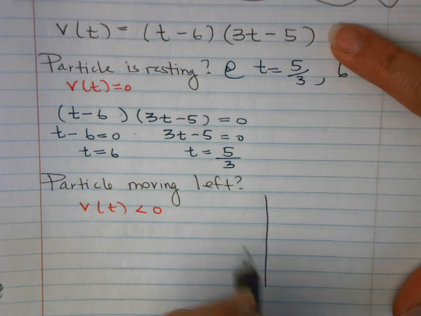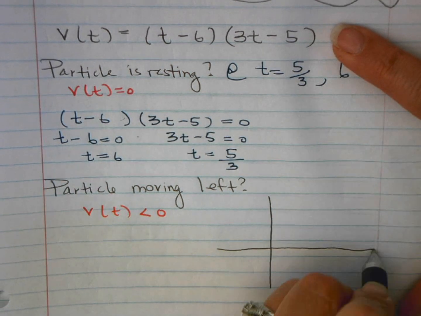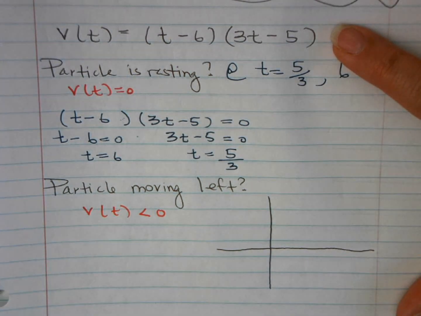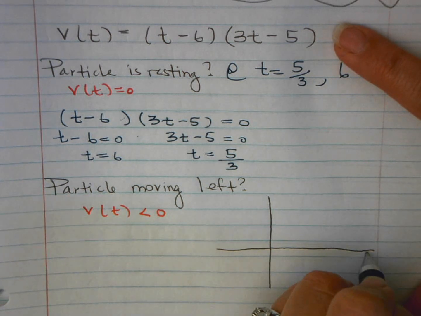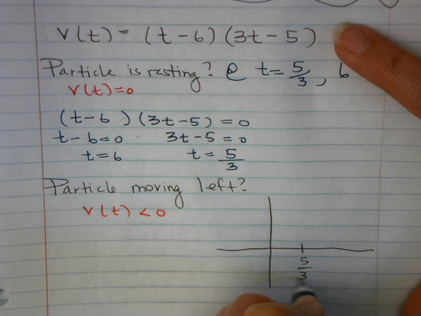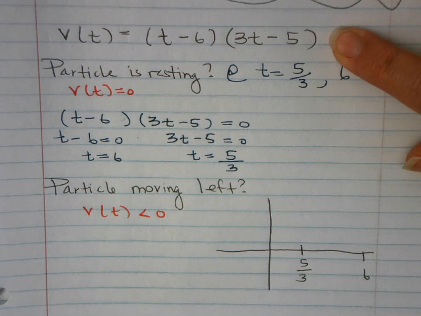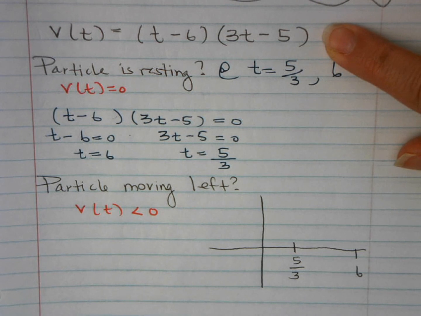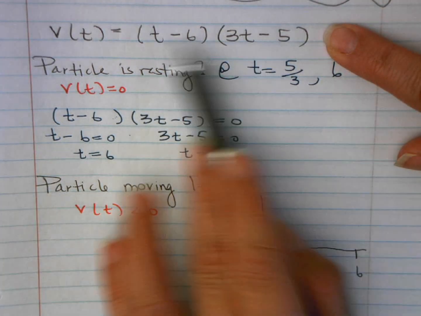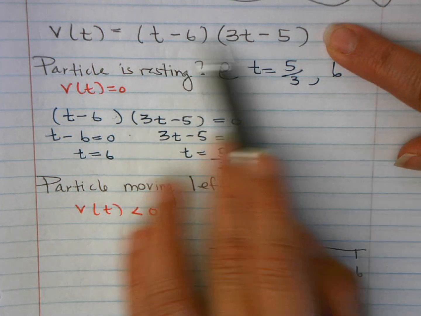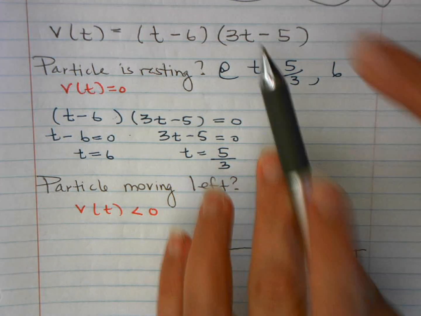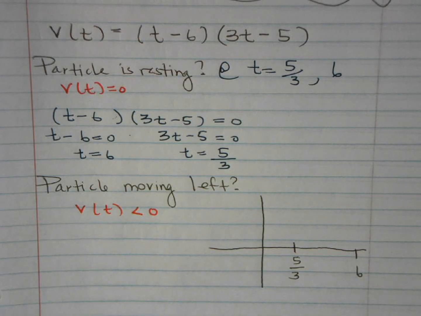So what I should know, back in the heyday of Honors Math 3, is I'm going to mark 5/3, wherever that is. Here is 6, right? And I know that I have a 3t squared, so it's squared. If I were to distribute this out, I have a quadratic.